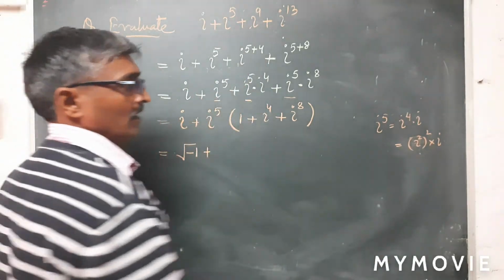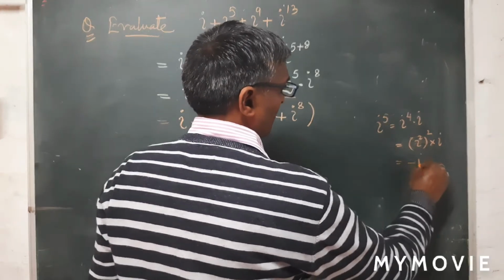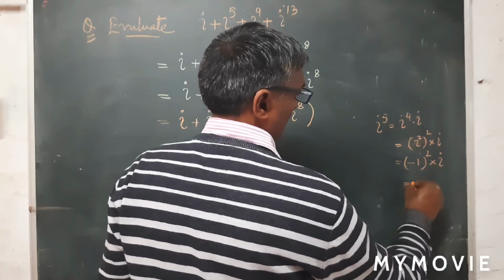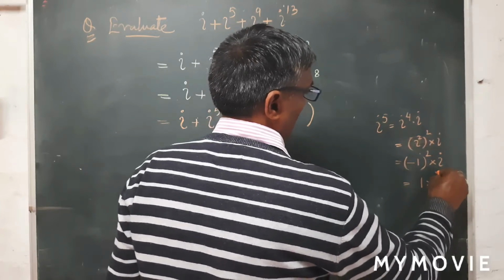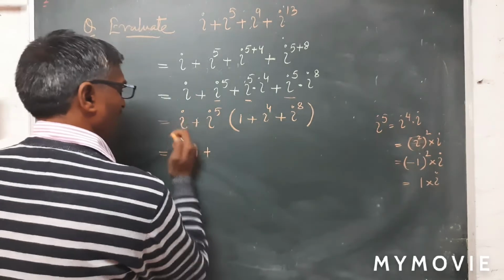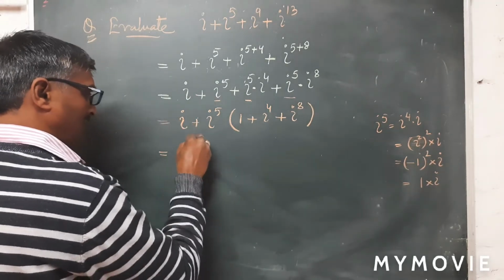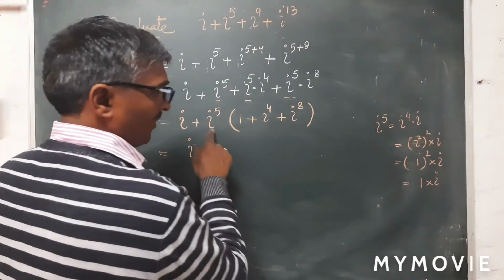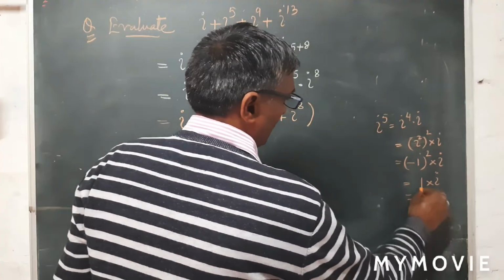See here, iota square is equal to minus 1, to power 2 into iota, that is 1 into iota. You can write simply here iota, for now let it stay iota. Now iota to power 5 is equal to iota.